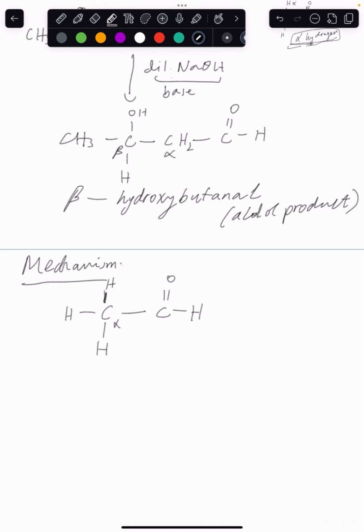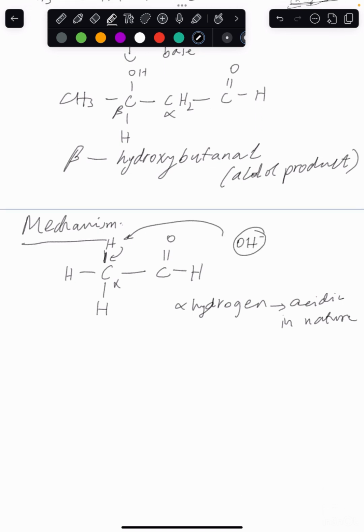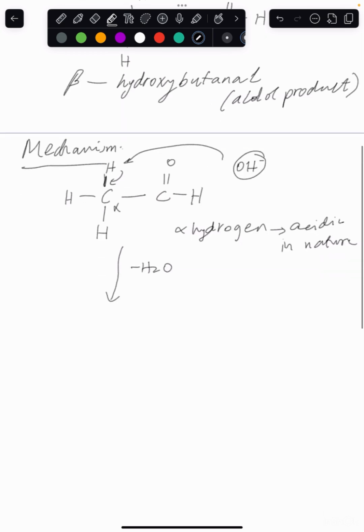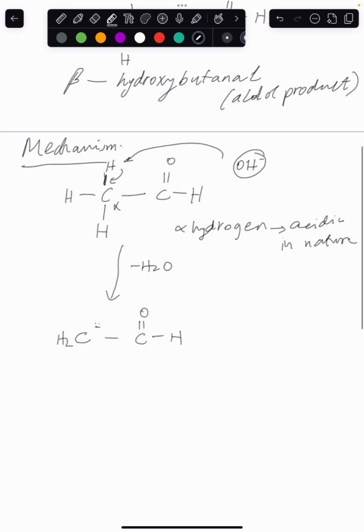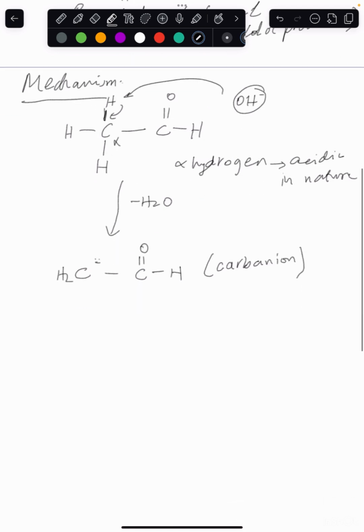This alpha hydrogen is acidic in nature, so this acidic hydrogen will leave the bond and combine with a base. A base is going to attack it, and then water is going to be given off. As a result, we will form something like this, which is a carbanion.